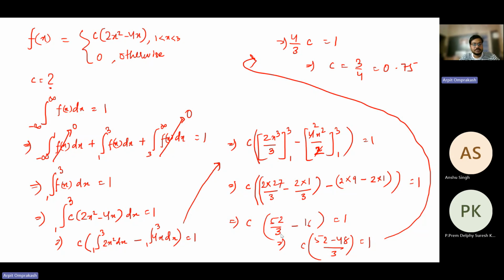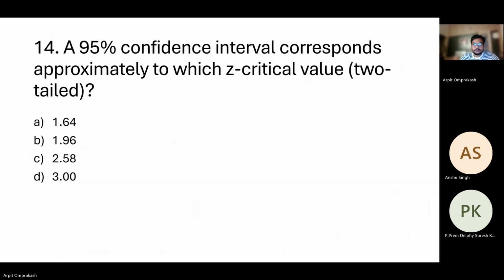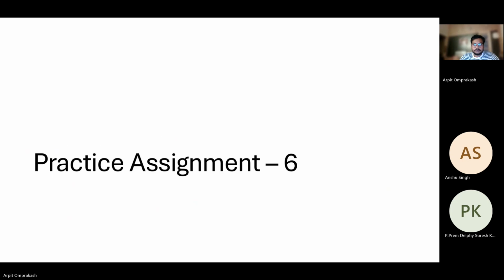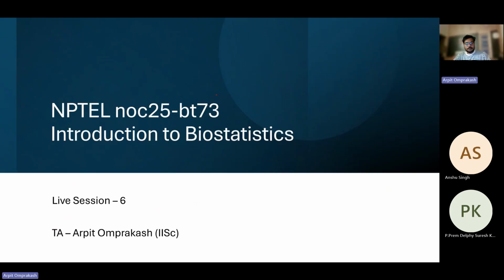So I would suggest just wait for a reply on the discussion forum. Yeah, it turns out to be 0.75. Is that clear?